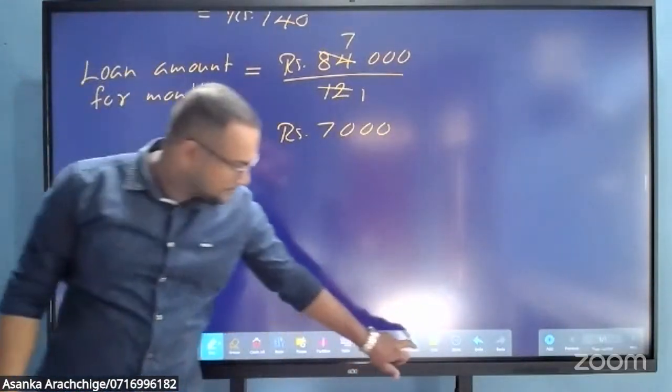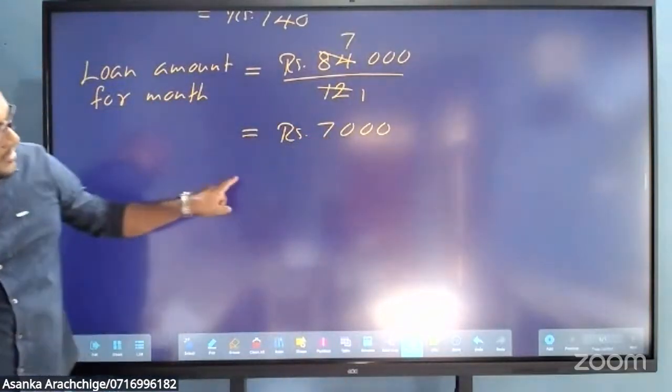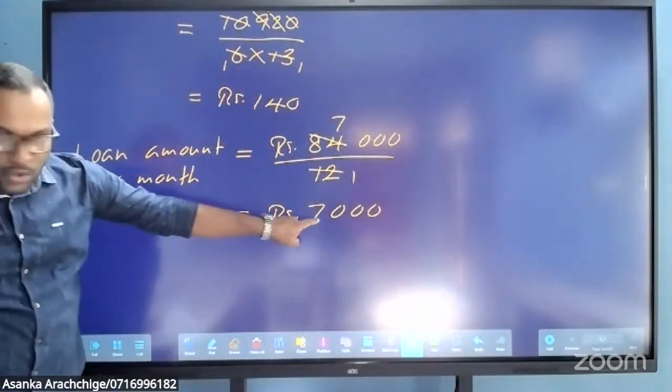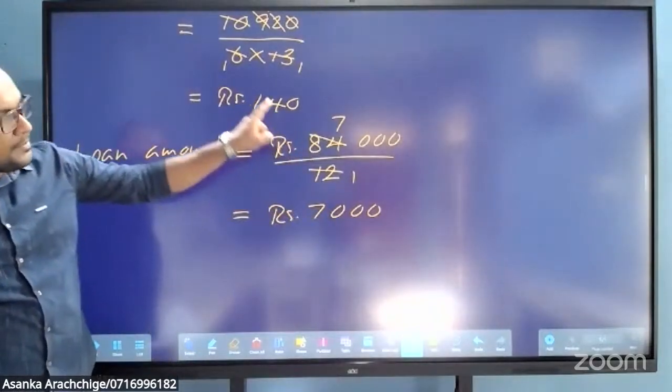Remember, this is the loan amount for a month. This is the interest for a month. We know both loan amount and interest.